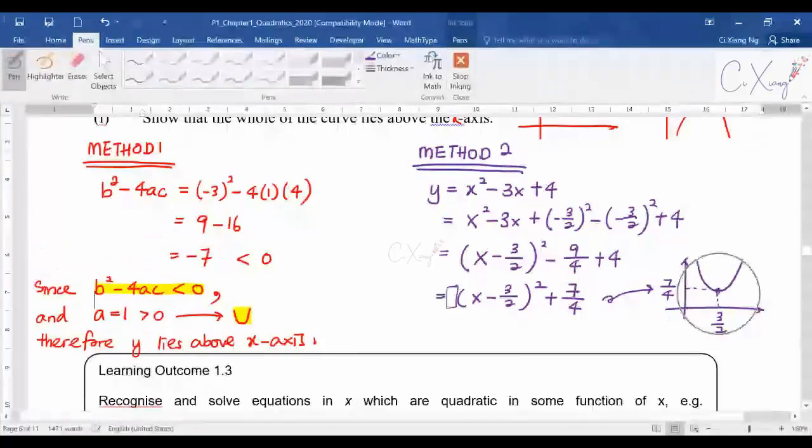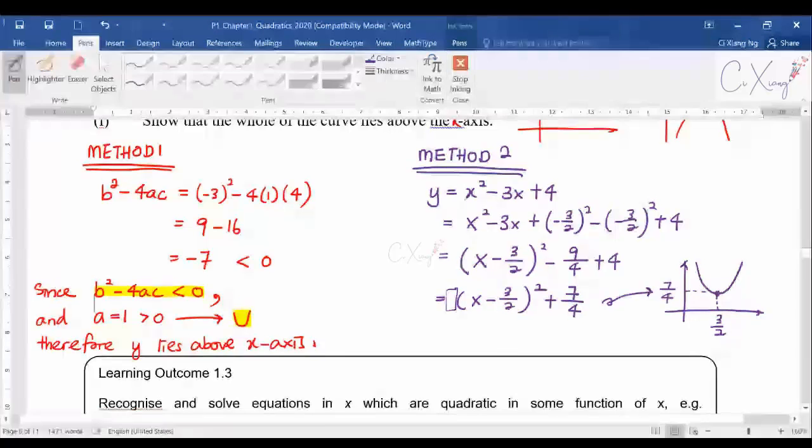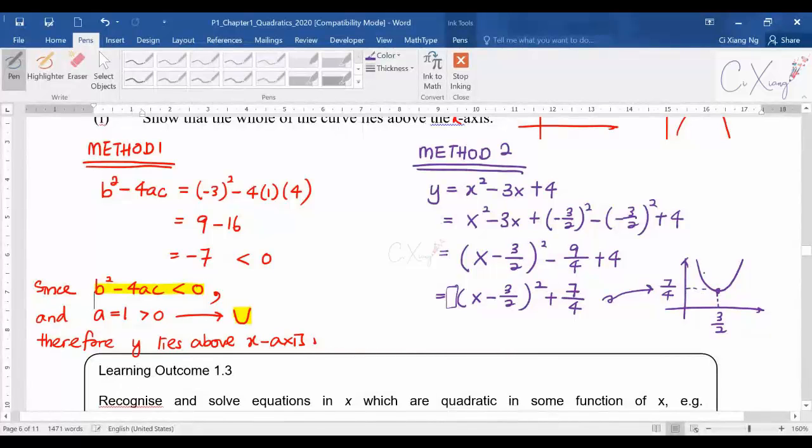So since the minimum point is 7/4, that means it is enough to prove that this whole curve lies above the x-axis. It cannot be down. Because this should be a minimum point. Alright, and therefore we can write the curve lies above the x-axis.